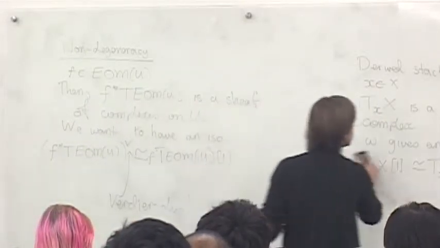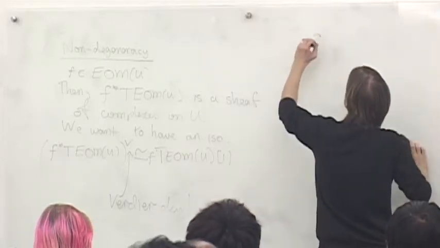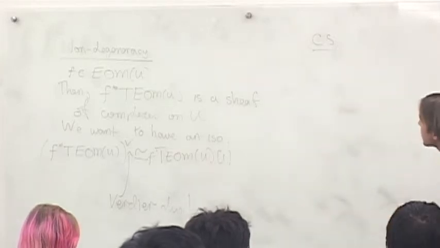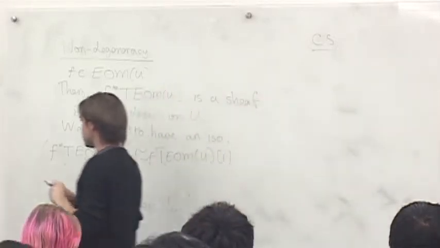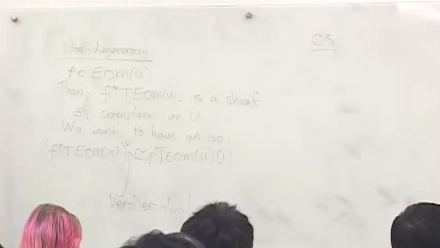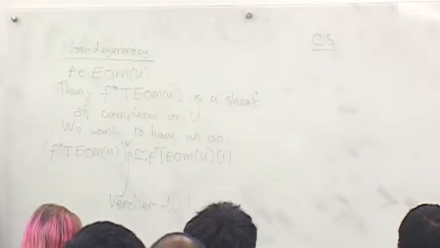So let's check that this happens in Chern-Simons too. Writing F star just means the fiber at F. Yes, I think I'm abusing notation.